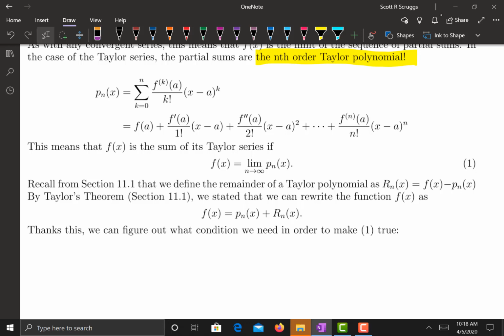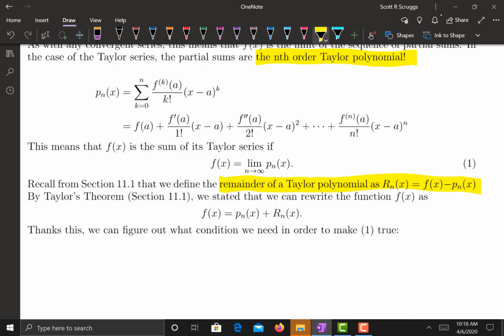And now you might be saying, now Scott, why on God's green earth does that help me? That just gives me some jargon. Well, here's why that helps me. So recall from section 11.1 that we talked about the remainder of a Taylor polynomial as the function that I have in the beginning minus its approximation.